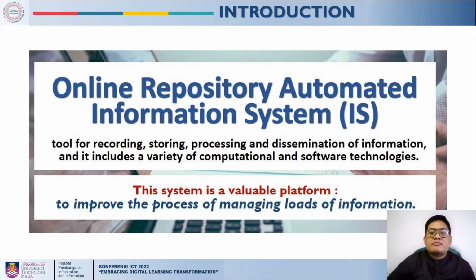This system is a valuable medium or platform which aims to improve the process of managing loads of information. And in this research, we are focusing on information related to practical training.